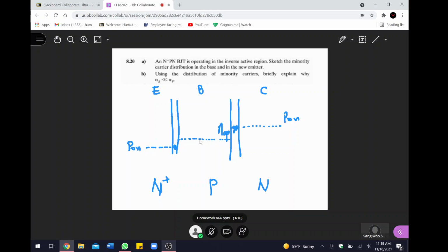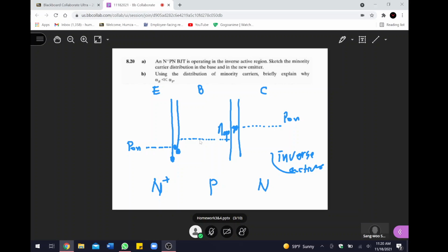Now our question is the inverse active region. Inverse active region means that between the base and collector is forward bias, and emitter and base is reverse bias. When emitter and base is reverse bias, the minority carrier concentration is lower than its thermal equilibrium value. Let's say the depletion edge is located somewhere here.